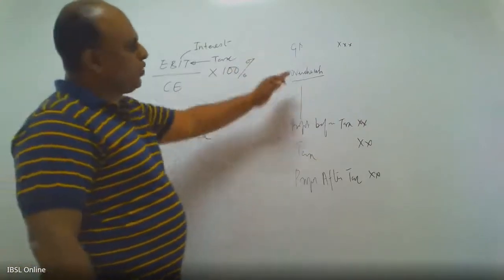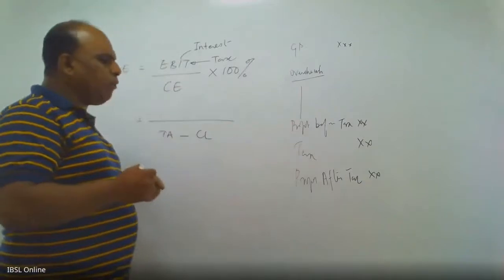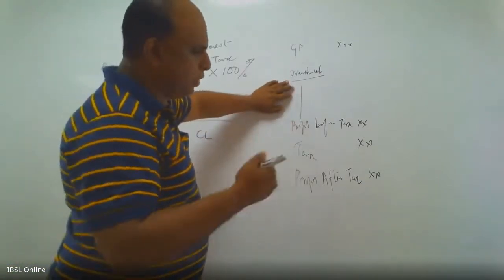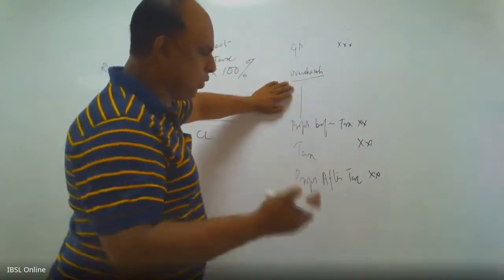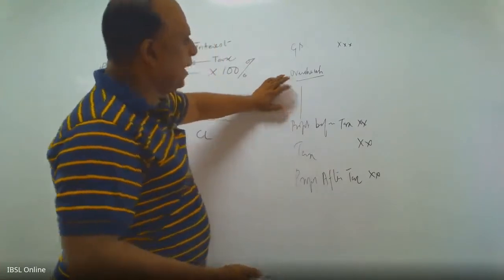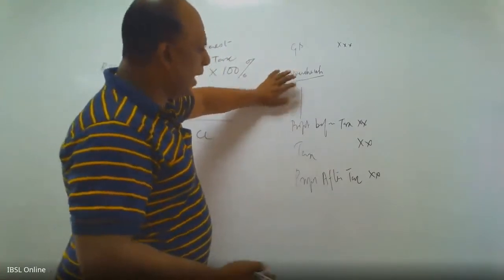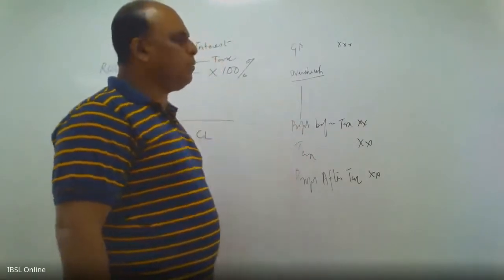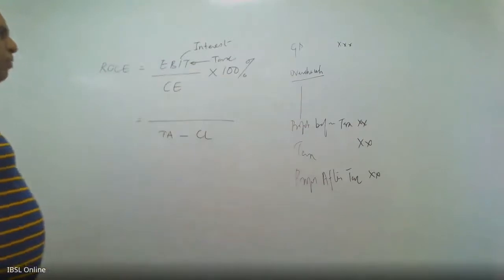So within this financial statement, if you have paid any interest to the bank for the overdraft that you have taken or for the loans that you have taken, that interest amount and this tax amount has to be removed from your profitability.